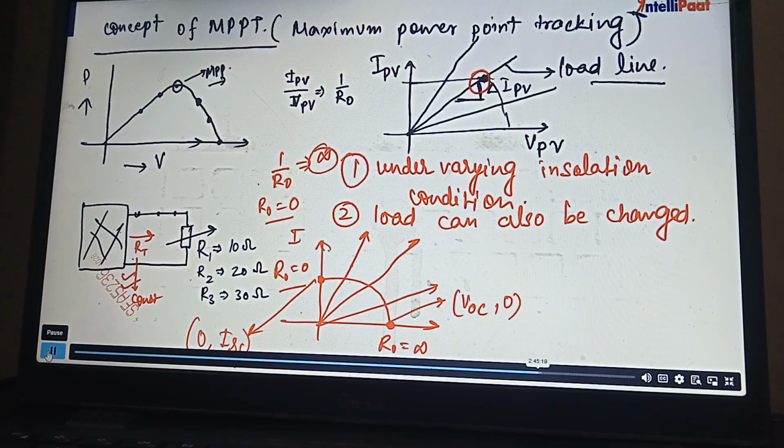Therefore, as you can see, the slope of the load line varies throughout the operation. Therefore, we need some interfacing device in between the source and the load. Without an interfacing device, you need to understand why this MPPT controller is really required, whether you are talking about a charging station or any solar power plant installed in the field, right?